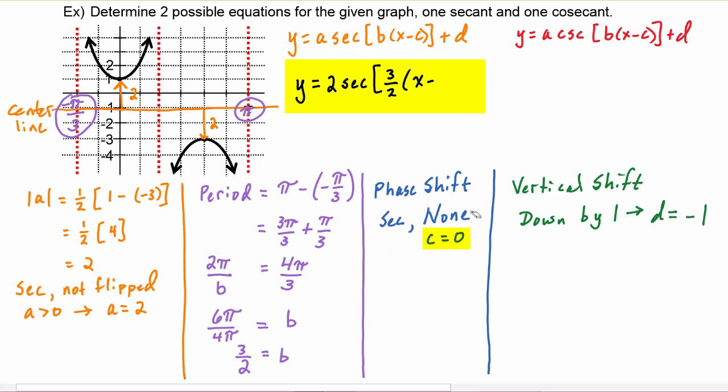Now, the phase shift for secant was that there is none, so I'm going to take that minus sign back out. And then the vertical shift of the graph is down by 1, so there is our secant function.